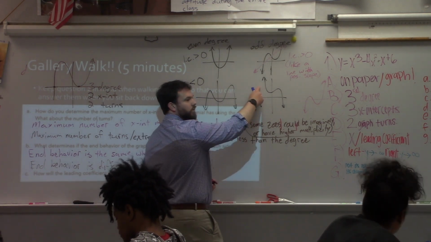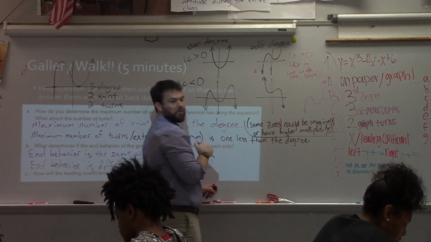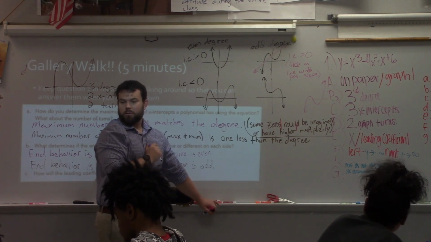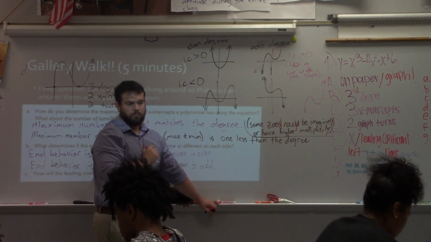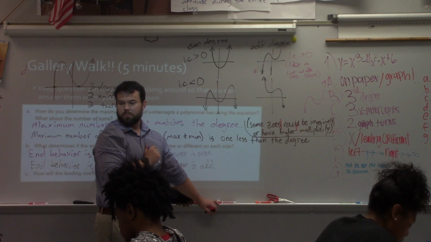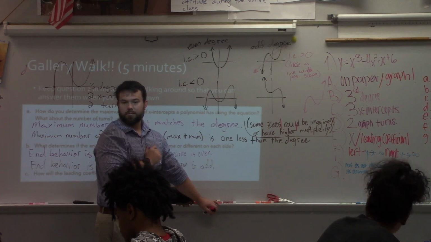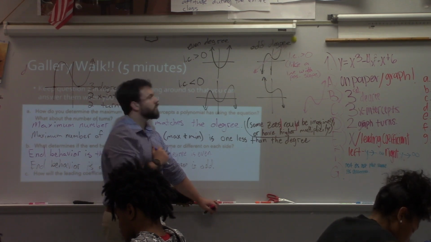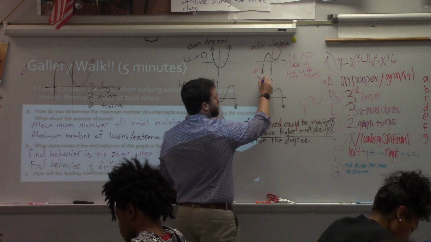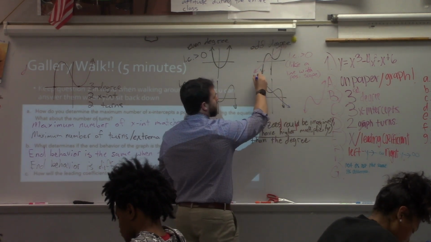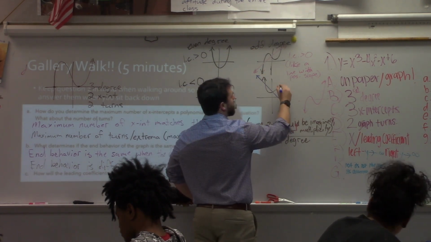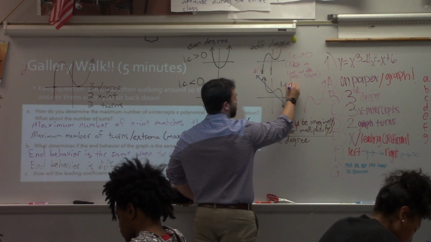So what about this one? Sorry, y'all still writing. So what about the last graph? What's the leading coefficient going to be? Negative, like a line with what type of slope? That's it.